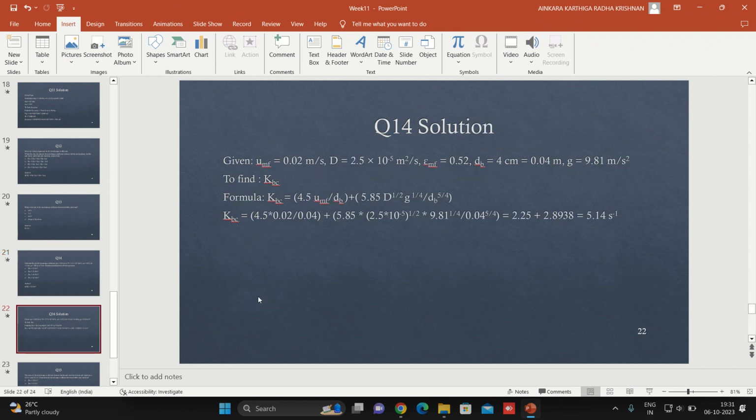So how did we find out the question 14 answer? Question 14 is a very direct question where we are asked to find the interchange coefficient between the bubble and the cloud.